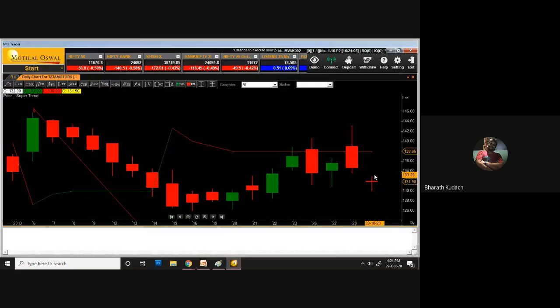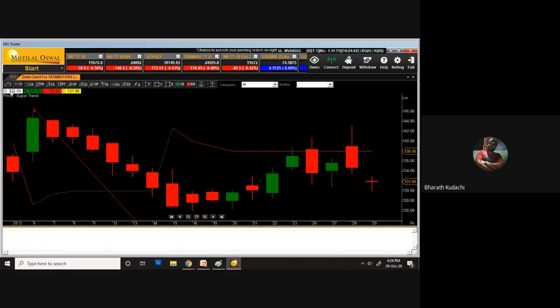So this candle here is a day candle. The lowest value it has gone is 130, and the highest value is 133. It opened at 132 and closed at 131. Instead of looking here, I can directly see it in the terminal, where it is written in small letters. O means open, H is high, L is low, and C is close.